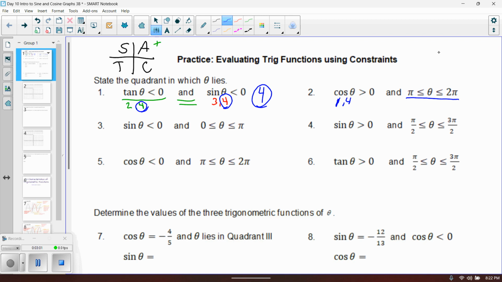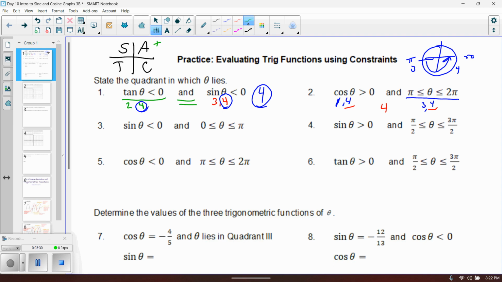Remember, everything goes counterclockwise. So if I start at pi, go counterclockwise in that direction, I've covered quadrants 3 and 4. So where's that overlap? That is also quadrant 4, because that's where they overlap.